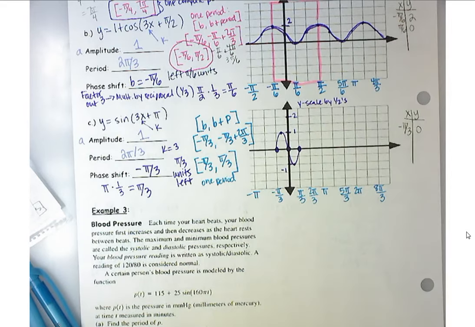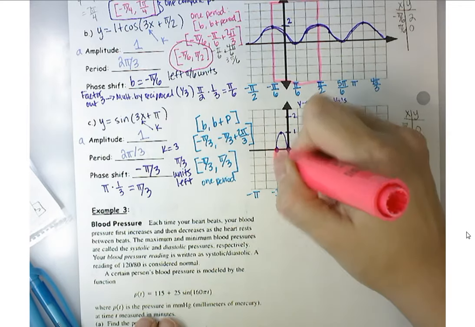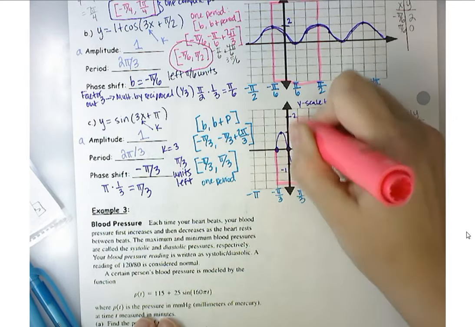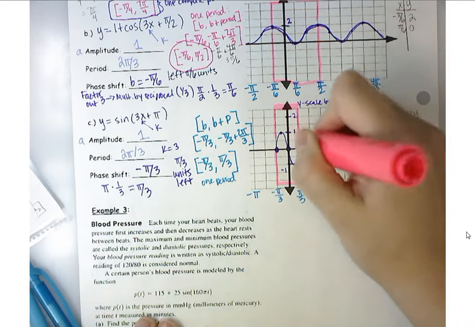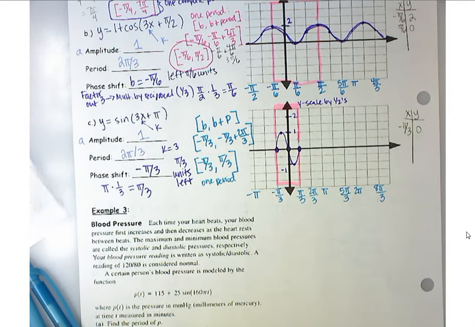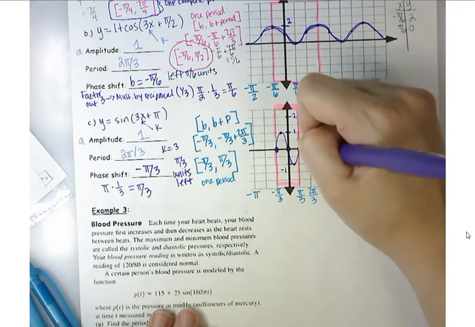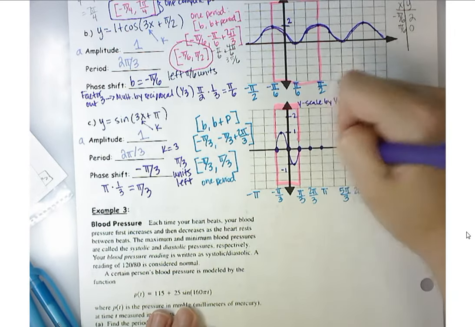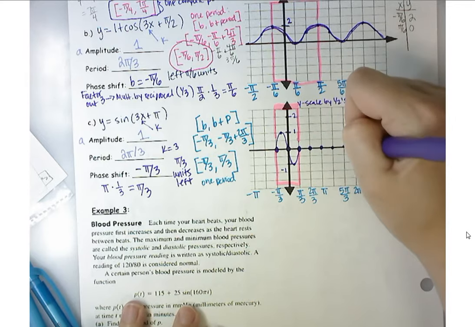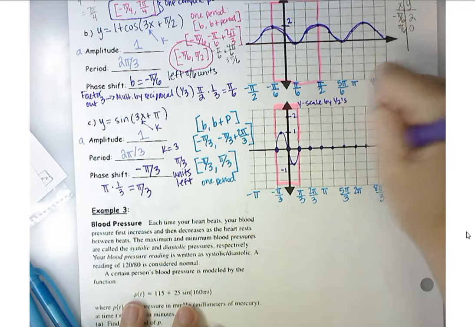Okay, so see how that's going to be your 1 period? From negative pi over 3 to pi over 3. Okay, and then we're just going to continue. So for this one, notice how points are on every single one. So I have a point here, point, point, point, point, point, point.